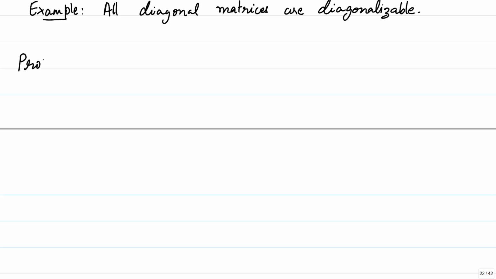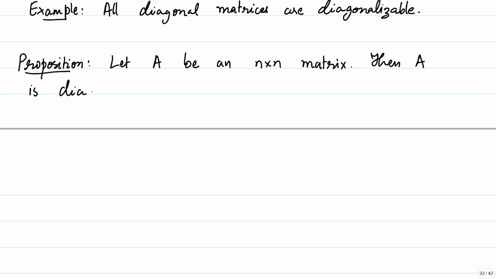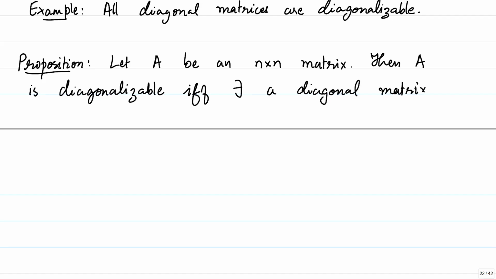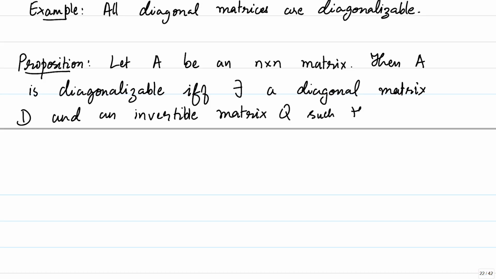Proposition: let A be an n cross n matrix, then A is diagonalizable if and only if there exists a diagonal matrix D and an invertible matrix Q such that A is equal to QDQ inverse.